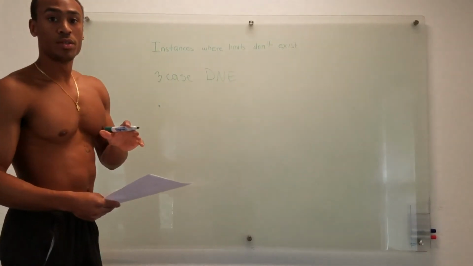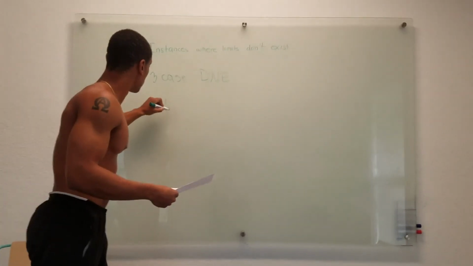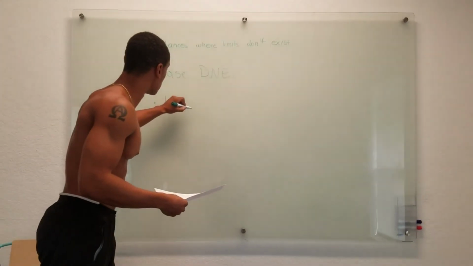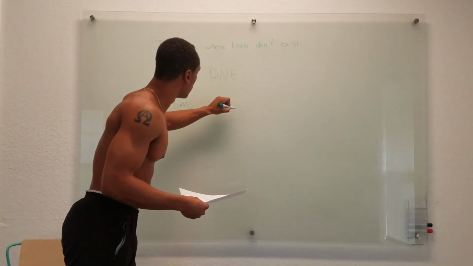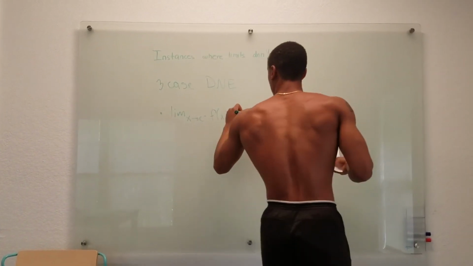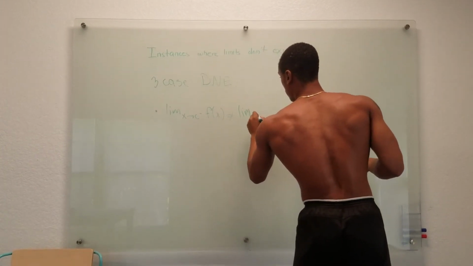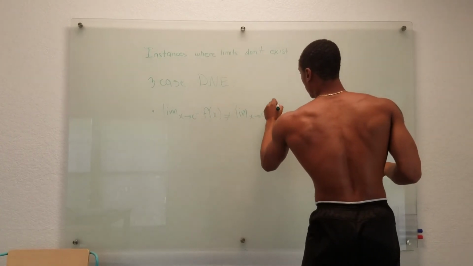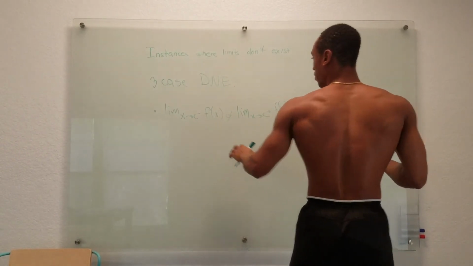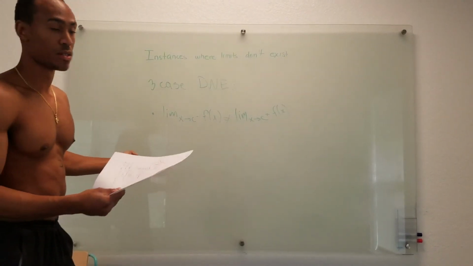One, the two one-sided limits don't equal each other. So the limit as x approaches c from the left of f of x does not equal the limit as x approaches c from the right of f of x. If the two one-sided limits don't equal each other, your limit doesn't exist.